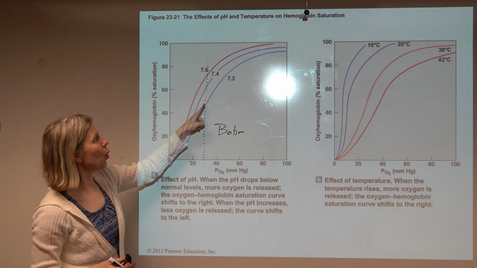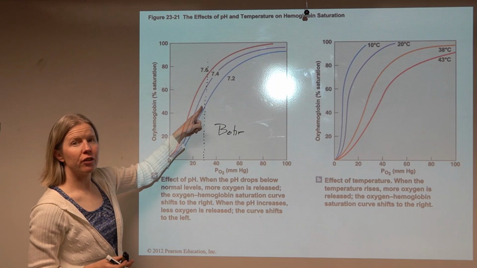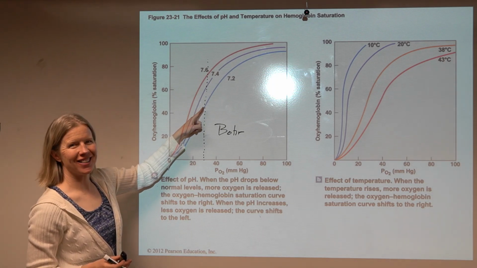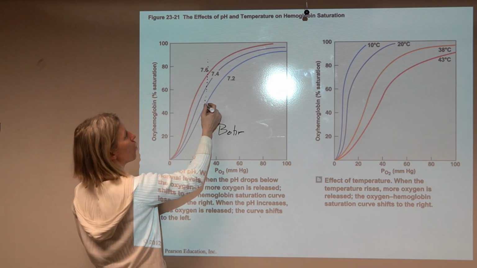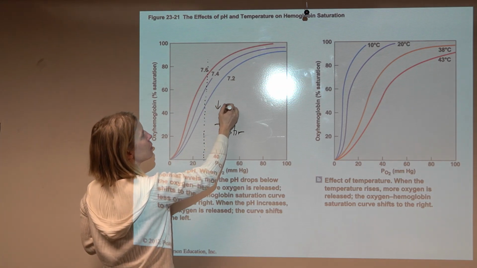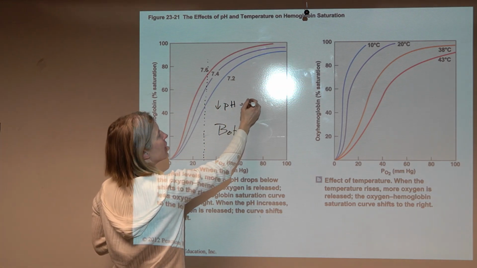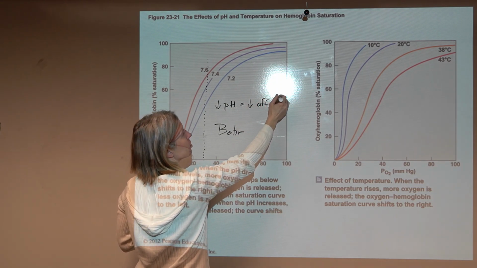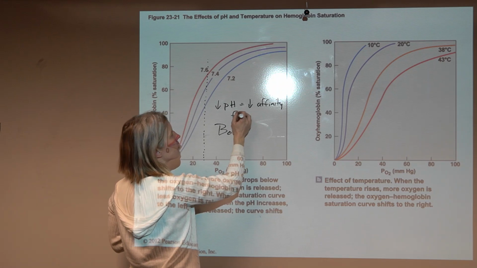At a lower pH, you're not going to hold as much oxygen. So we say that a decreased pH causes a decreased affinity for oxygen.